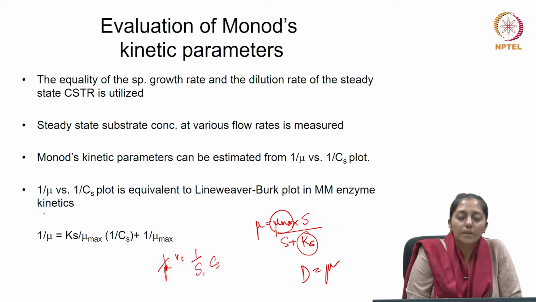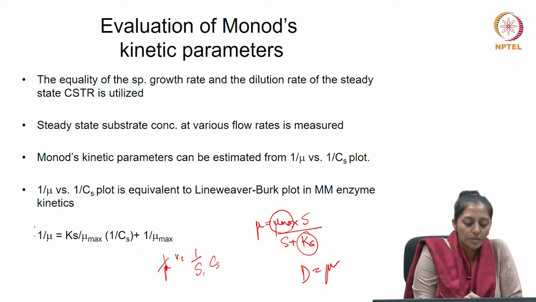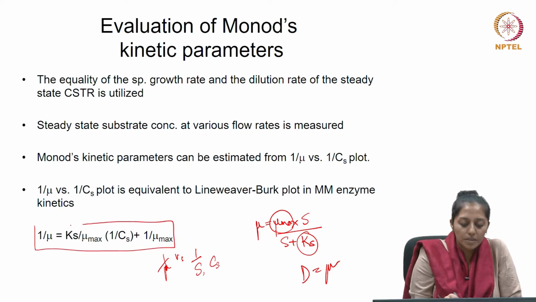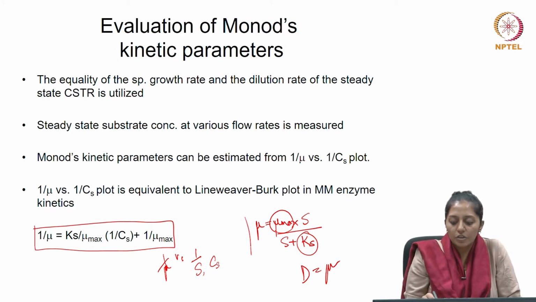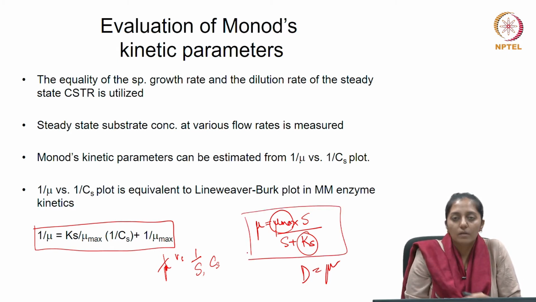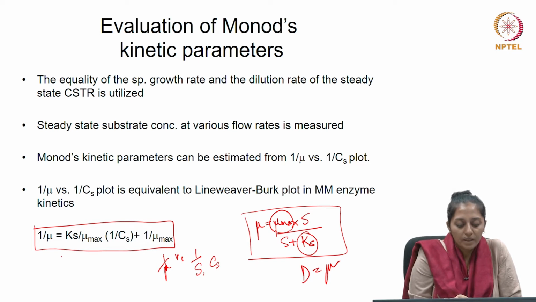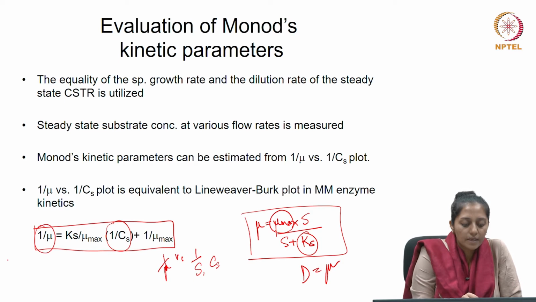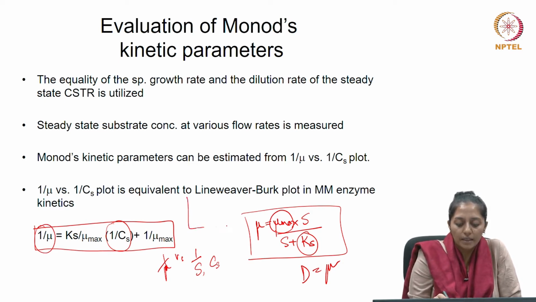So, the 1 by mu versus 1 by Cs plot is equivalent to the Lineweaver-Burk plot in Michaelis-Menten enzyme kinetics. If you see 1 by mu versus 1 by S, by rearrangement of the Monod model, Y stands for 1 by mu and 1 by Cs stands for X in a Y versus X plot.